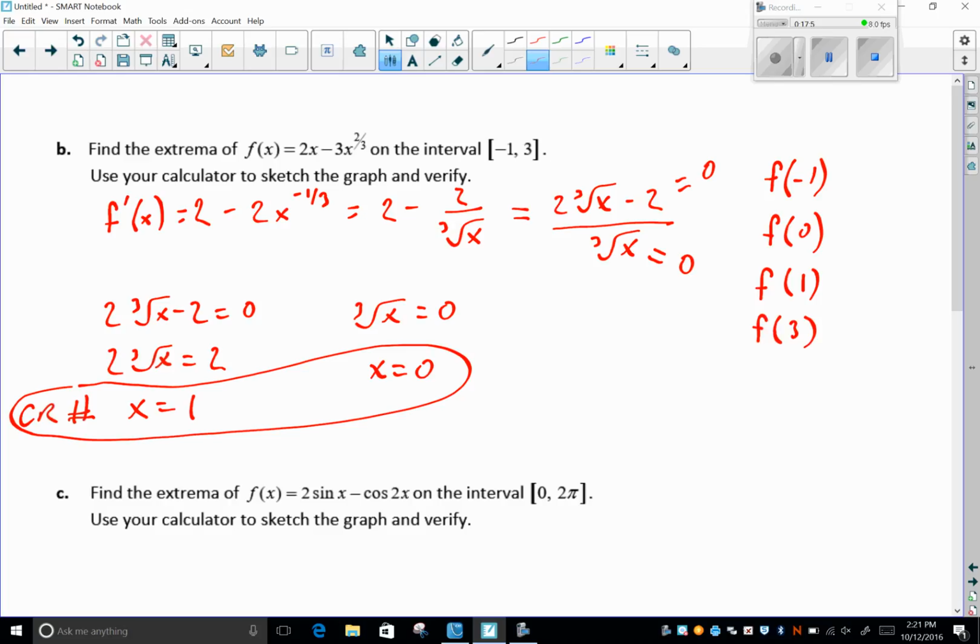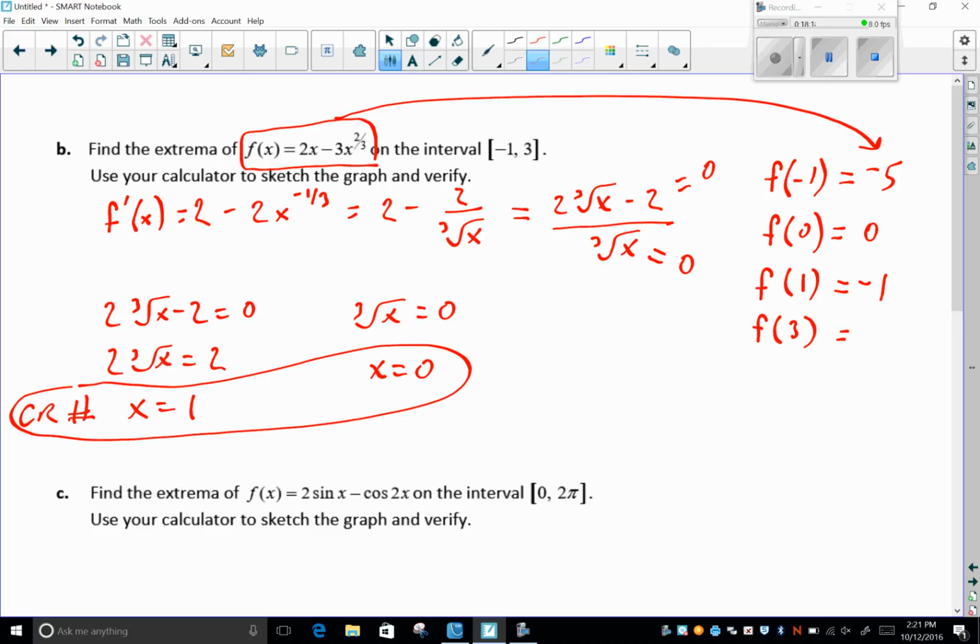All right, so go ahead and plug those back into your original function, and you should get that the y value is -5 when the input is -1, and when your input is 0, your output is 0. Remember, I'm plugging into the original function here. Plug in 1, you should get -1.